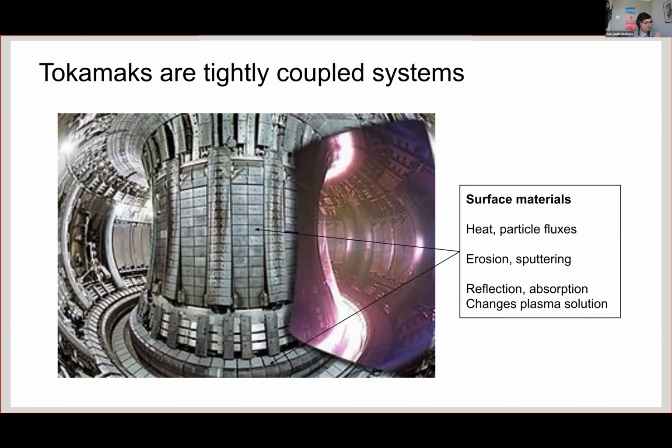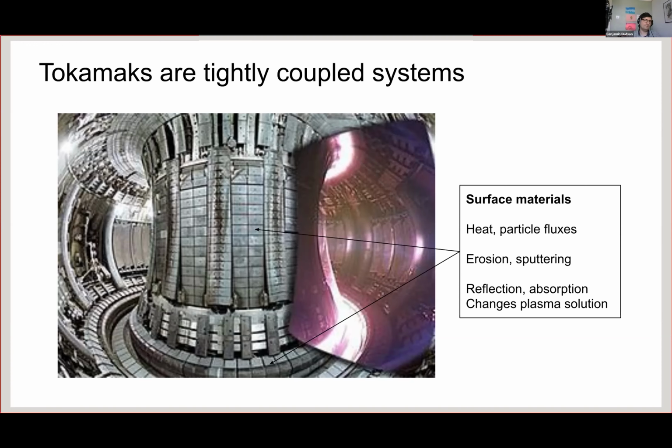So that has the materials, of course. At the bottom of the machine, this is tungsten, and at the sides is mainly beryllium. The sputtering and the loads on the erosion of this surface is a major input to things like the design and the lifetime of the machine. So that's something we want as an output.